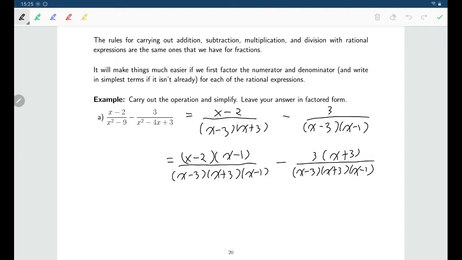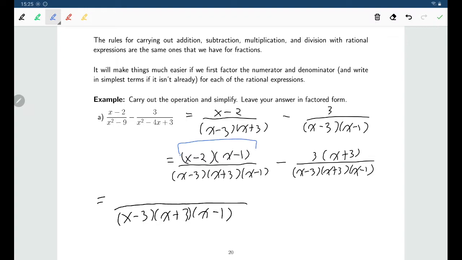So one thing I'll do here is just to say that if you were to multiply out the first numerator, if you were to expand it, that expands to give you x squared minus 3x plus 2. And for the second term, if you were to expand that out, that gives me 3x plus 9.